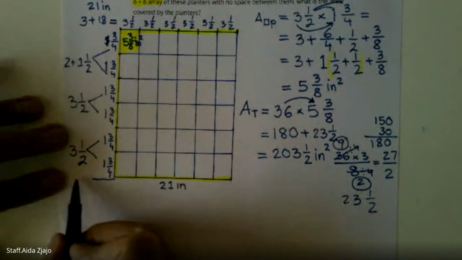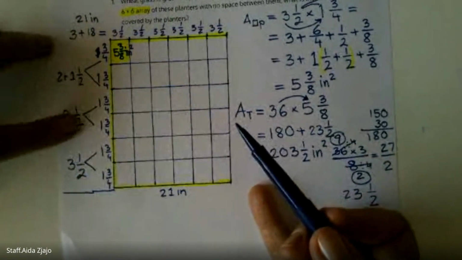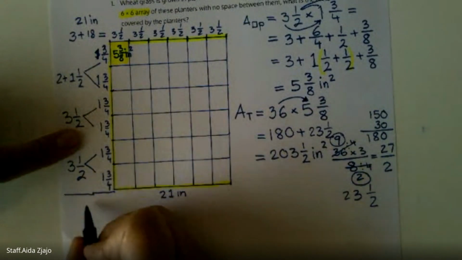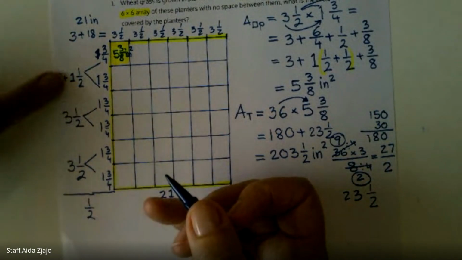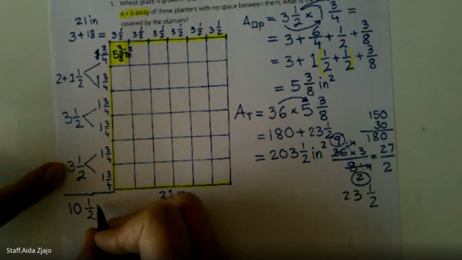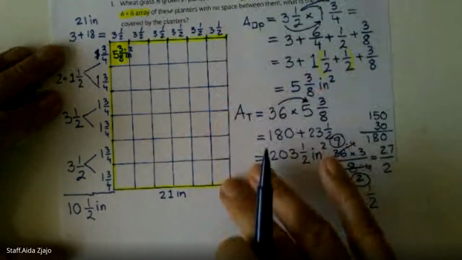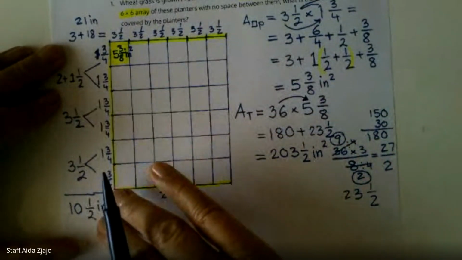So now when I am calculating all this, half and half is whole, and then I will have 1/2 left. So 1 whole and 9 is 10, 10 1/2 inches. So now I figured out what this whole length is, it's 10 1/2.